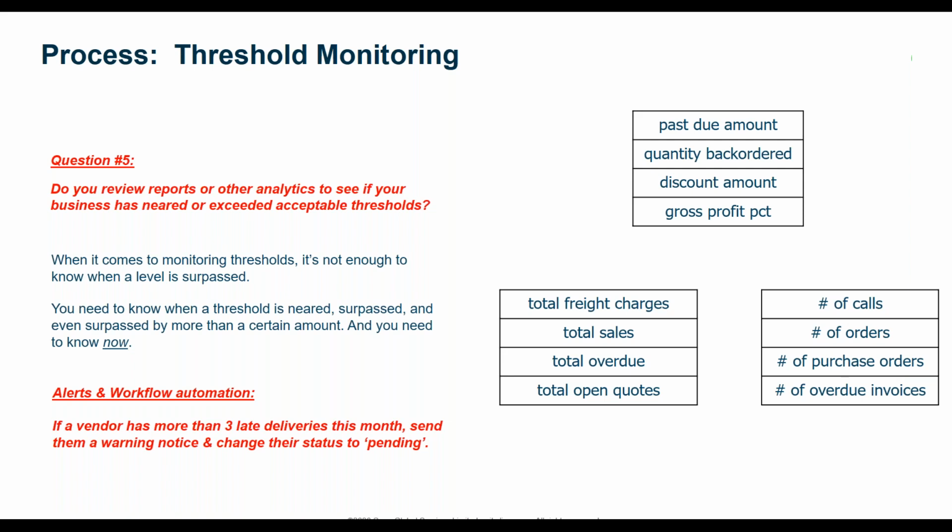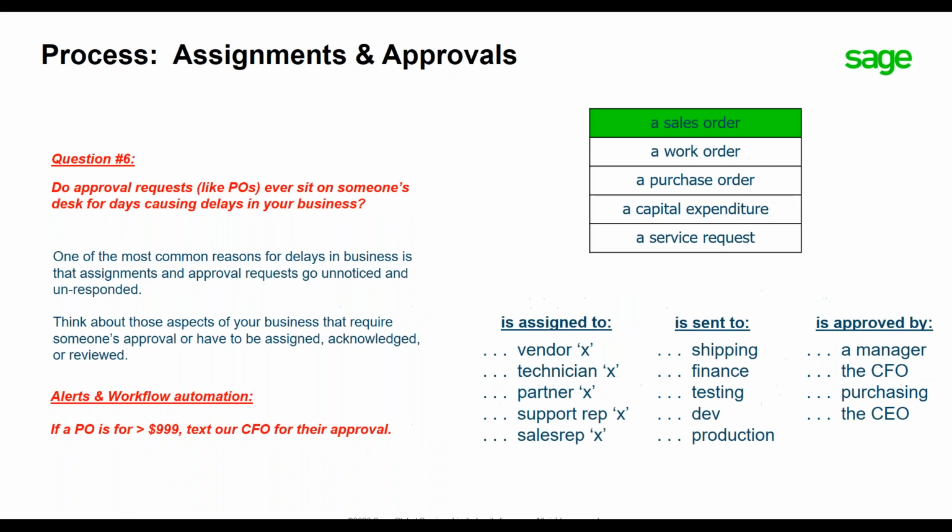Maybe along the process, if we get to 60 days, we want to notify anytime a new purchase order comes in for that customer, to ask, hey, do you want to take this new order for the client before their AR is cleaned up? So those types of threshold monitoring we can look at and set up around Sage in the business process so that you have better visibility into your business.